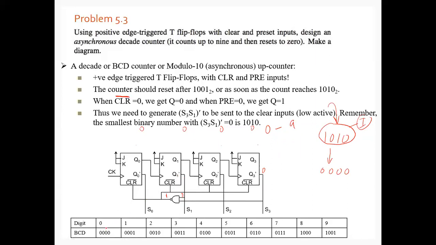I have to make sure it works for everything: the second and the last, for each count. So 10 is 1, 0, 1, 0. Second and last.